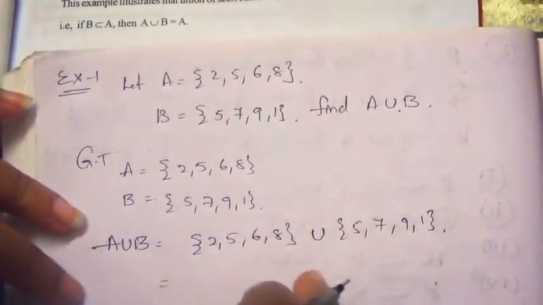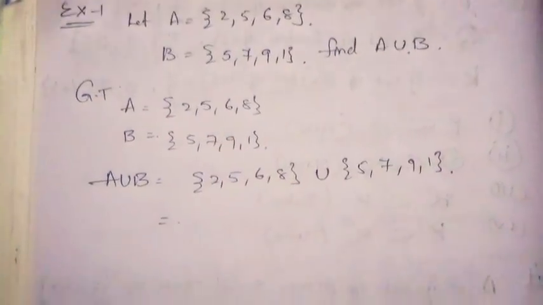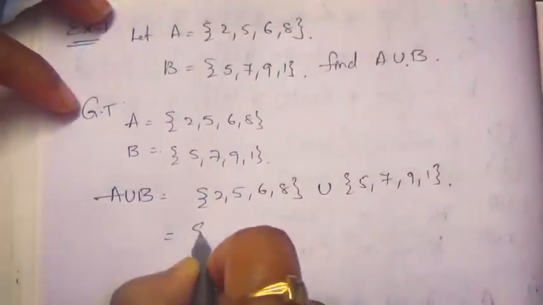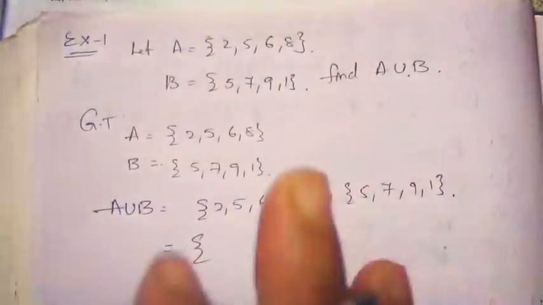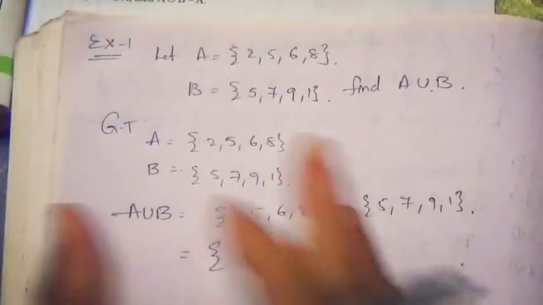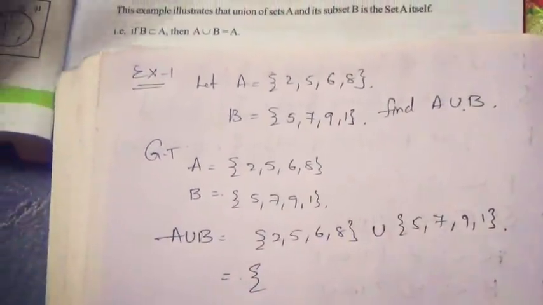Okay. Union means all the elements which get together. Okay. All the elements in both the sets you have to write, but if there is any element which is in both the sets, you have to write it once. Okay.